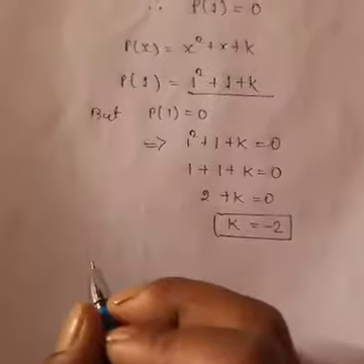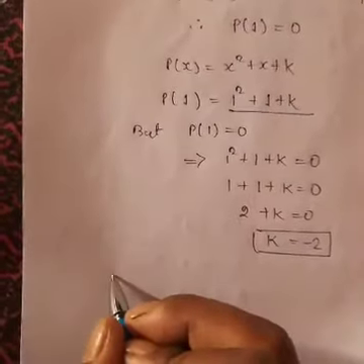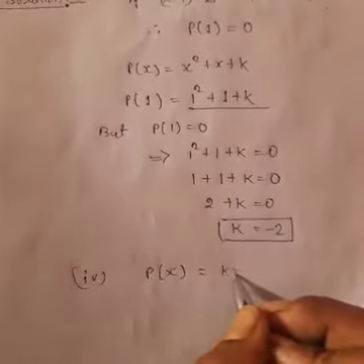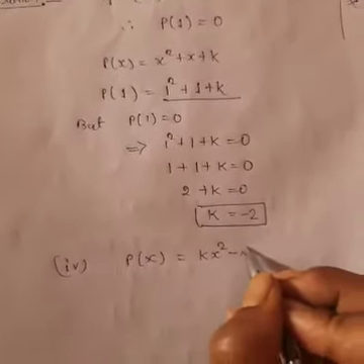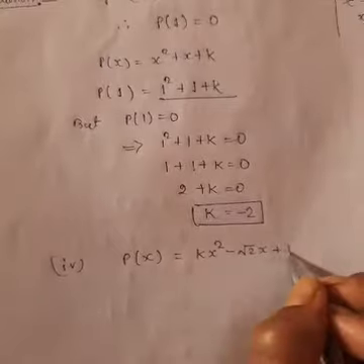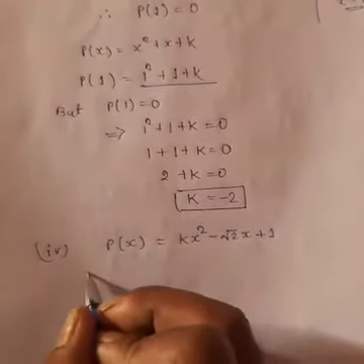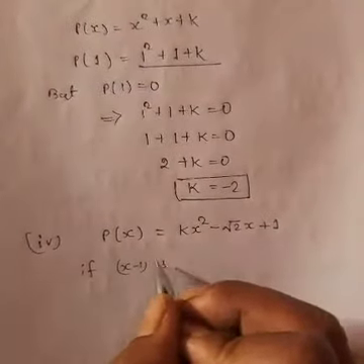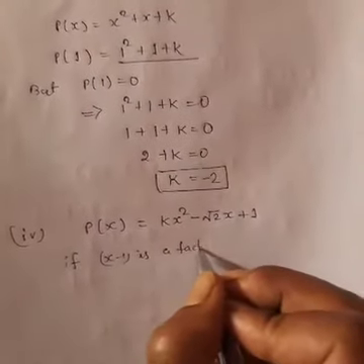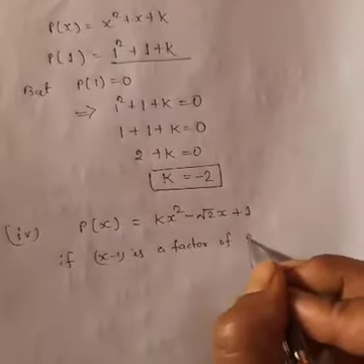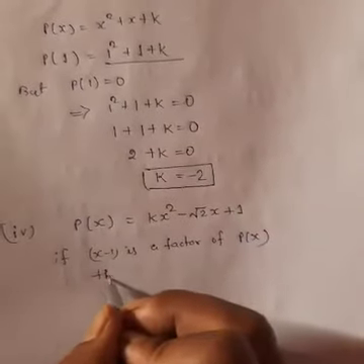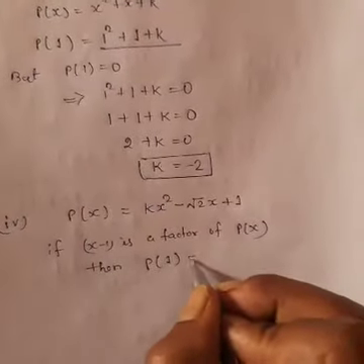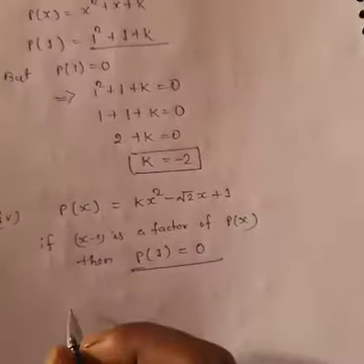Similarly students, we can take another example, like question number 4, p(x) equals k x square minus square root 2 x plus 1. Similarly we can write, if x minus 1 is a factor of the given polynomial, then the value of the polynomial when x equals 1 will be equal to 0.